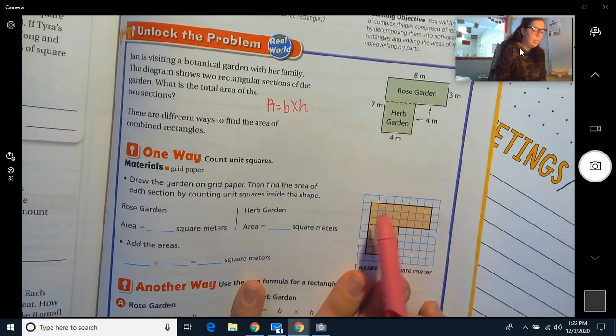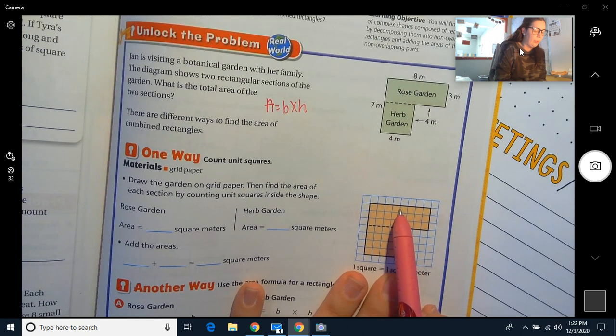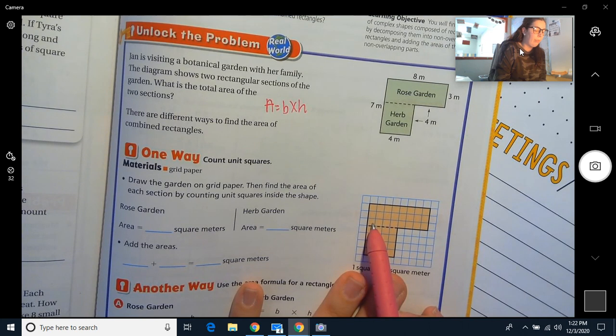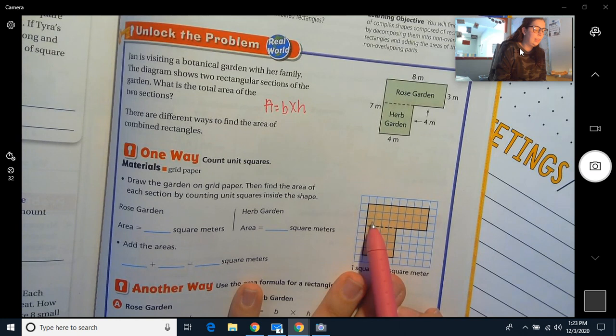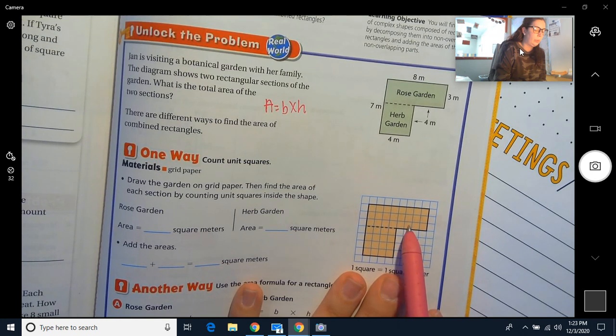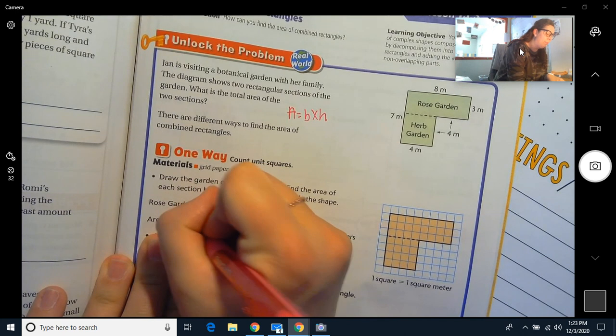Let's double check here. I can multiply too. I got 3 across and 1, 2, 3, 4, 5, 6, 7, 8. 8 times 3 is 24. So you were very close. If I count across, that's 8, 9, 10, 11, 12, 13, 14, 15, 16, 17, 18, 19, 20, 21, 22, 23, 24. So 24 square meters.